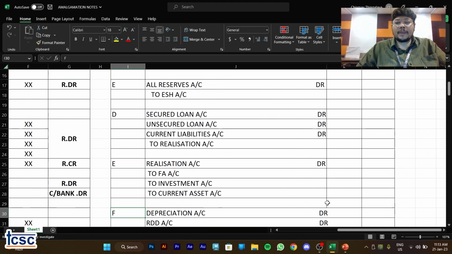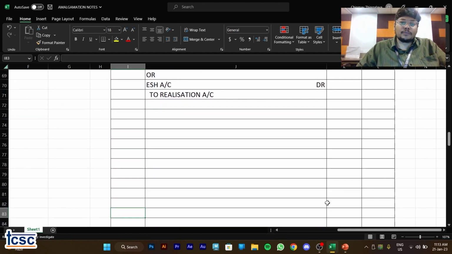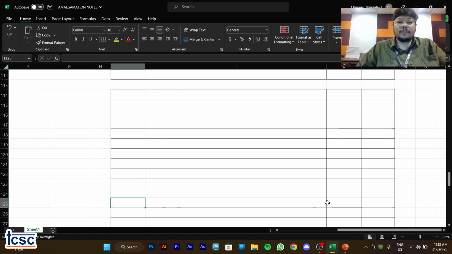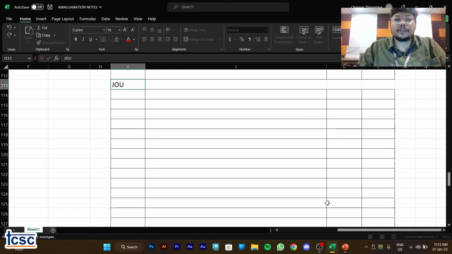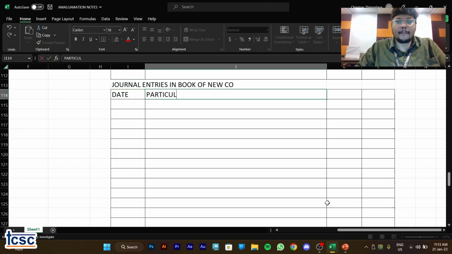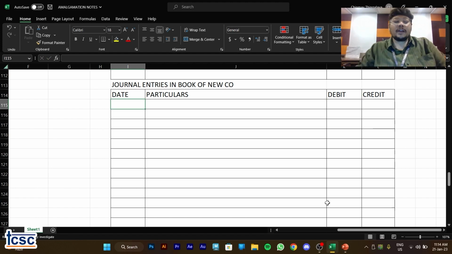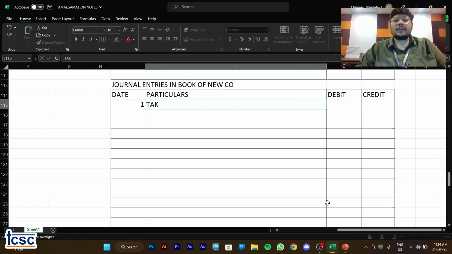Now, after passing the journal entries in the books of the old company, we will start with the journal entries in the books of the new company. When we come to the new company, the first entry will be called takeover entries.